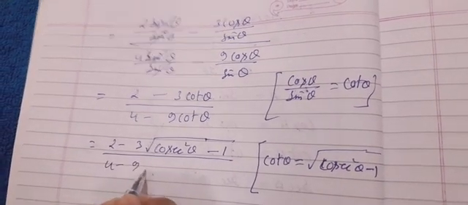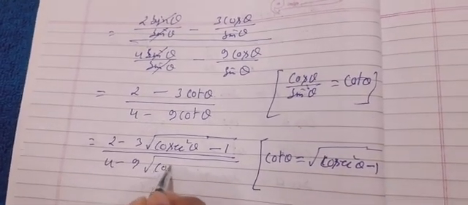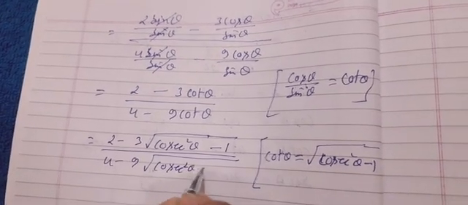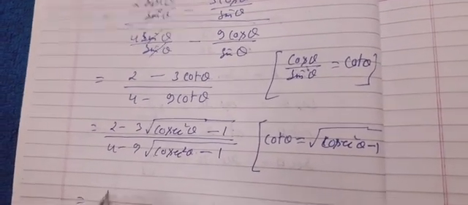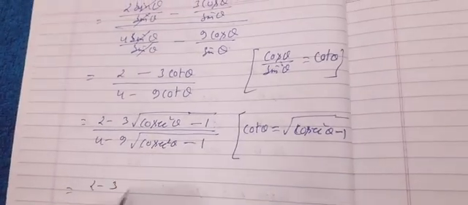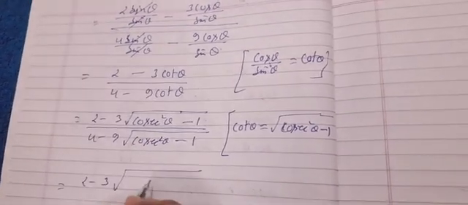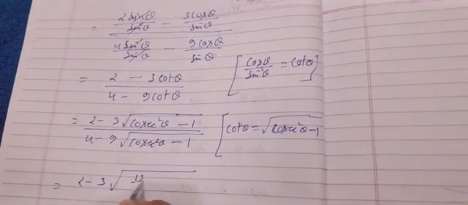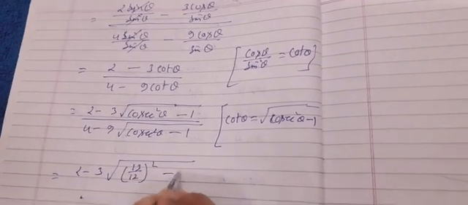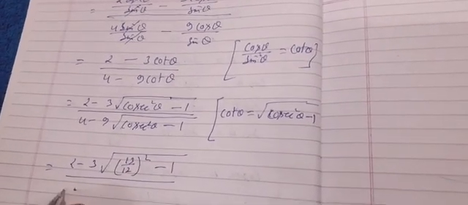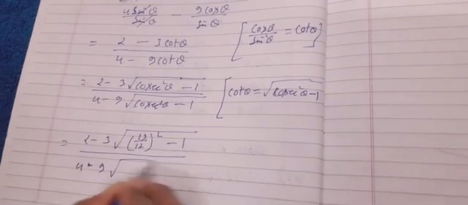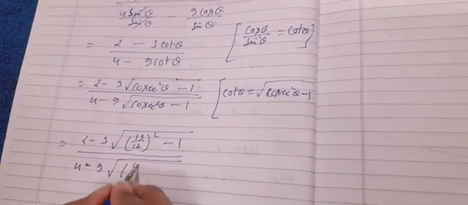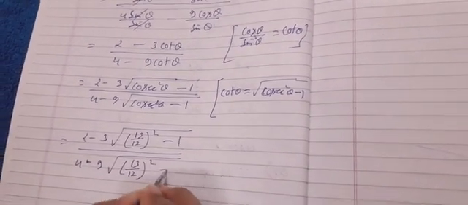Now 4 minus 9 under root cosec square theta minus 1. Now 2 minus 3 under root, the value of cosec theta is 13 by 12, as given in our book, minus 1. So I kept the value. Then 4 minus 9 under root 13 by 12 whole square minus 1.